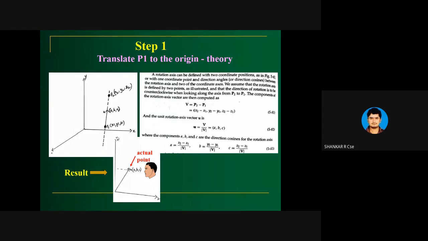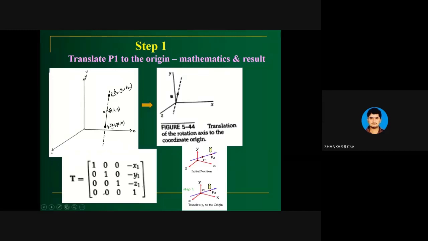Naturally, P2 also follows. So whatever P2's x2, you are actually subtracting by x1 amount. Y2 gets subtracted by y1 amount. Z2 gets subtracted by z1 amount. We will see that in the problem. Now net effect is, this is the input, this should be the output.